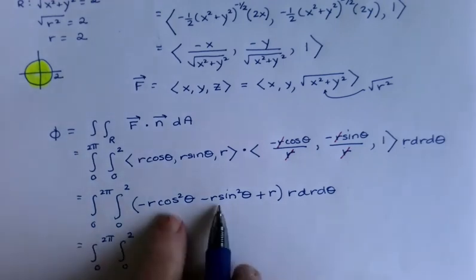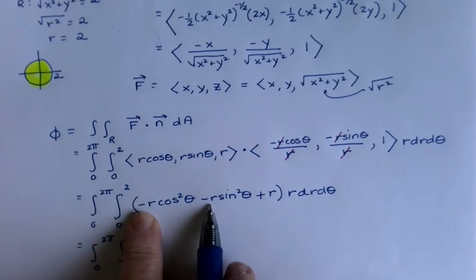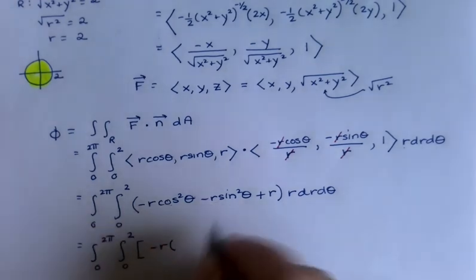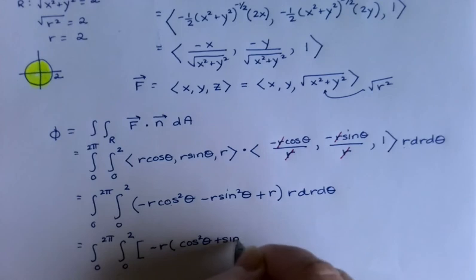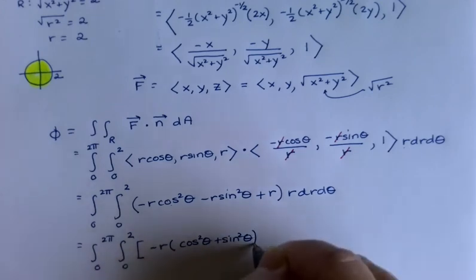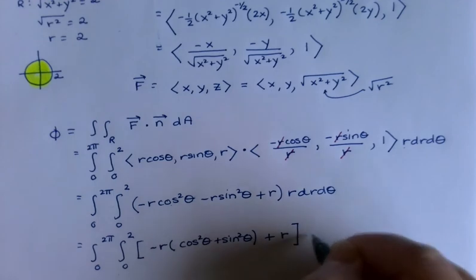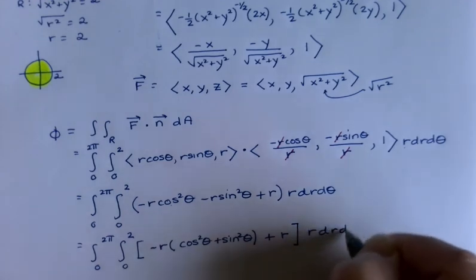And again in here, I can go ahead and factor out a negative r, which makes that cos squared theta plus sine squared theta. Then I've got that plus r, r dr d theta.